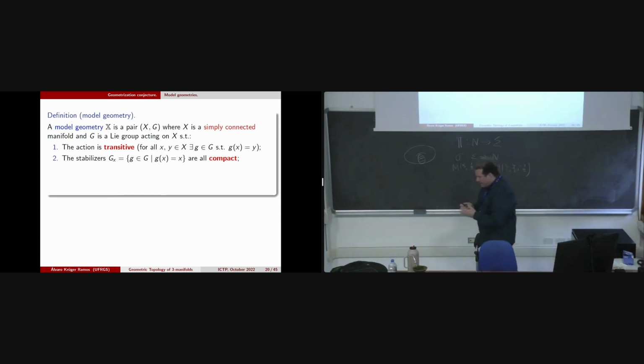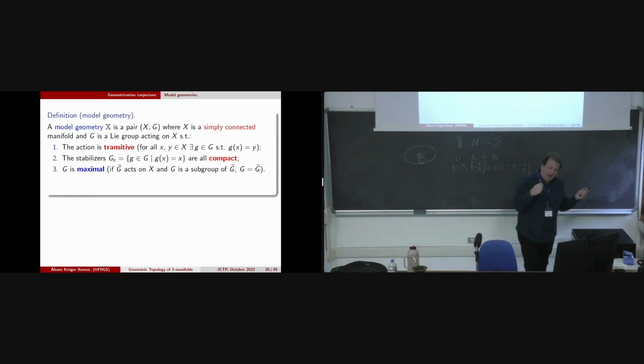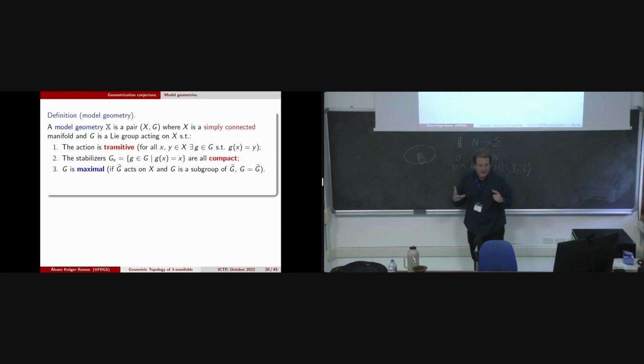So if you have a point that is fixed by some actions, the set of all actions that fix this point is compact in the group. G has to be maximal, in the sense that you don't have a larger action on this manifold.